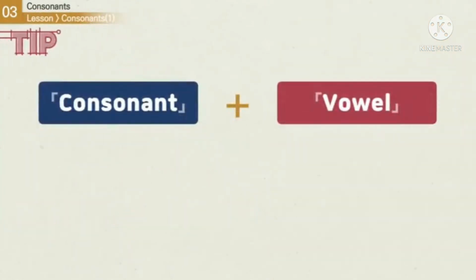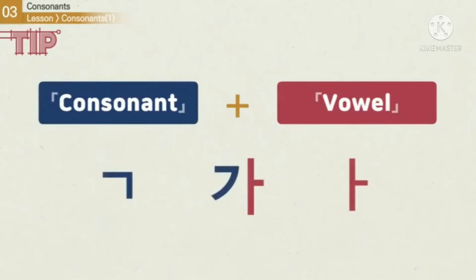Hangul is made up of both consonants and vowels, but the vowels can be pronounced on their own, while the consonants cannot. That is why, when writing consonants, we always include a vowel. Now, let's see how we can combine consonants and vowels.